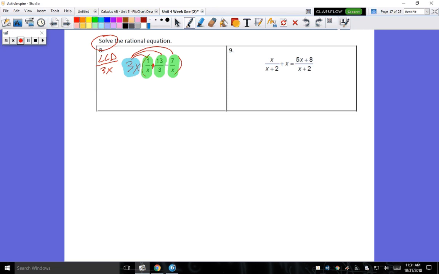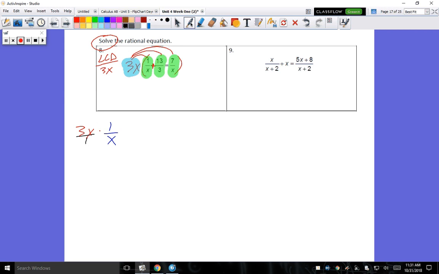Here we go. We are multiplying right now, guys. When I multiply 3x with 1 over x, what is going to cancel? The x's. Because remember, this is 3x over what? 1. So the x's will cancel, and whatever's left, when we cancel everything else, what are you left with? 3.